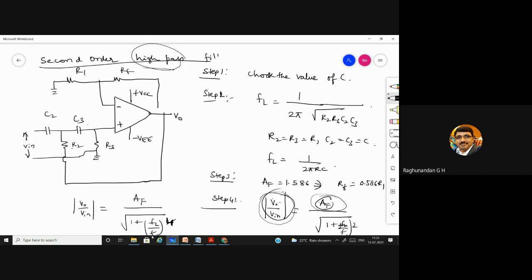From where will you get V0 by V in and from where will you get AF? Obviously from the circuit only we are getting, but on considering which part of the circuit will you get V0 by V in and which part will you get AF? Any idea?